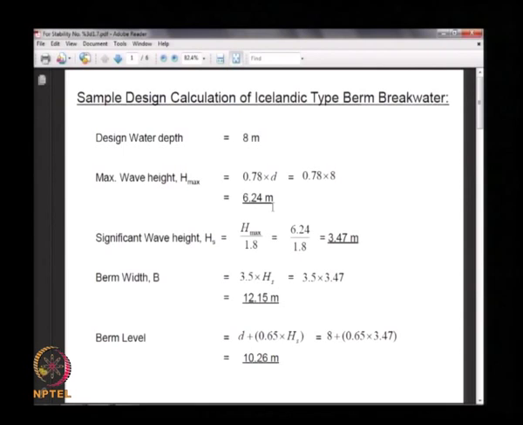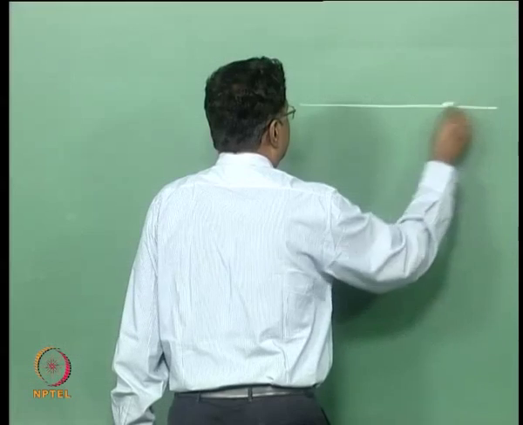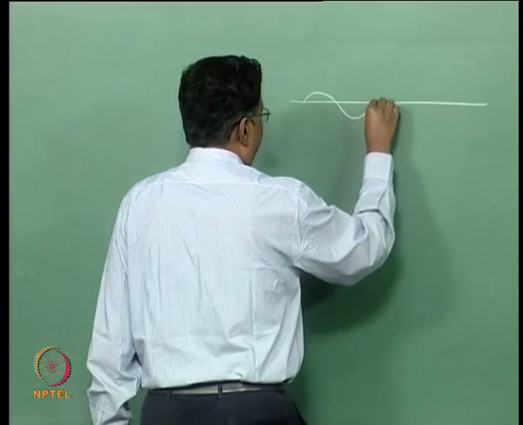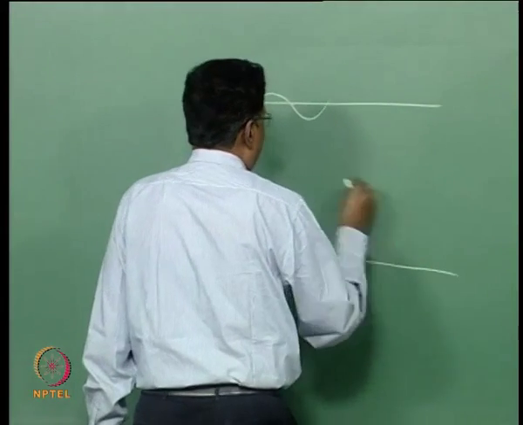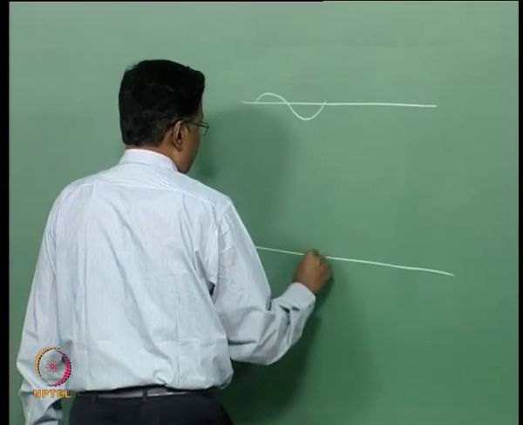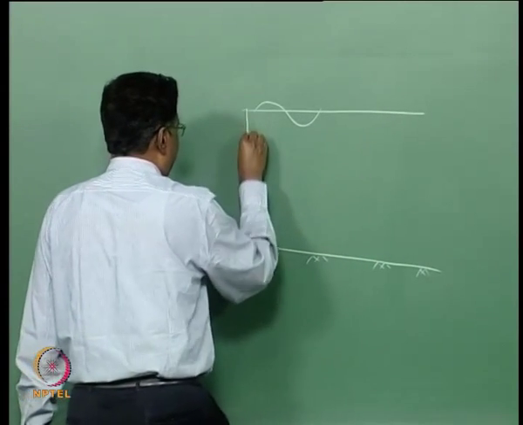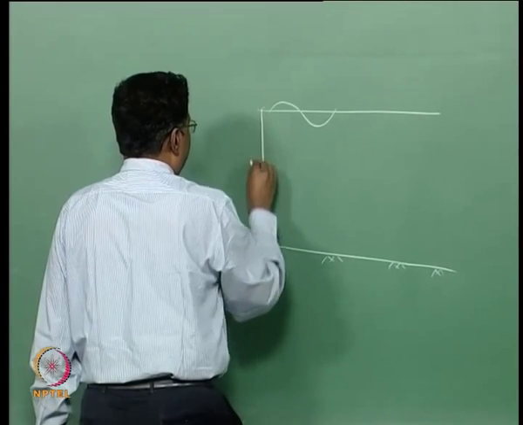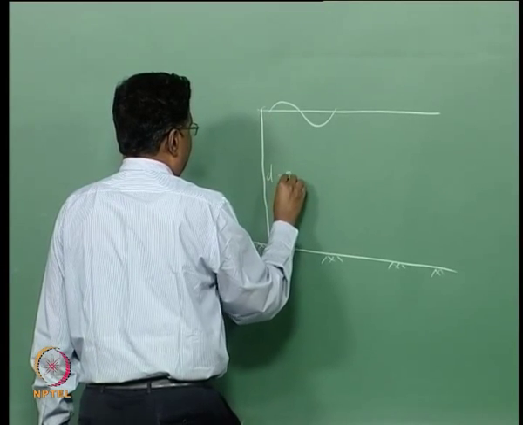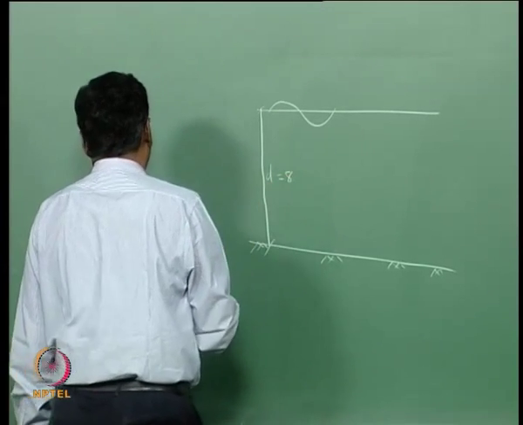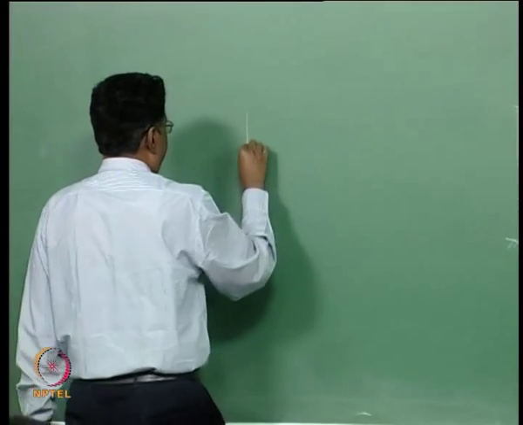Suppose you have the wave and you have this water depth. The stability number we are talking about is different for a breaking wave and a non-breaking wave.